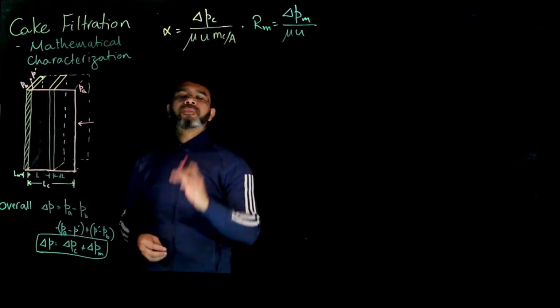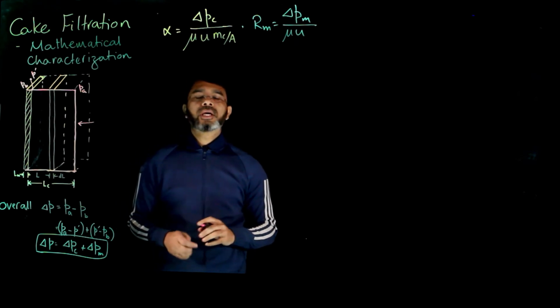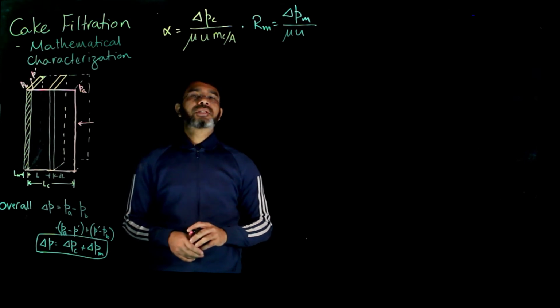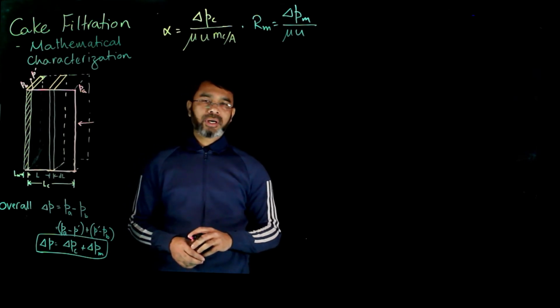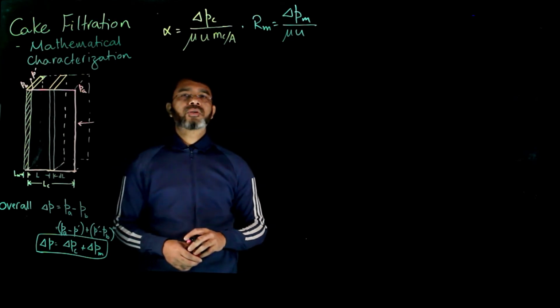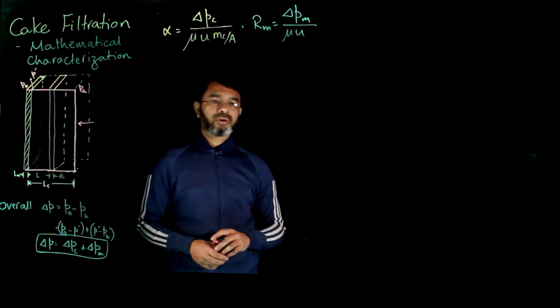Now we have these two definitions, specific cake resistance and filter medium resistance. Do remember the idea of defining the specific cake resistance was that it is a constant. It depends on the solid properties. So if you can determine alpha for a particular solid, for a particular filtration process, then you can use it for other operating conditions as well.